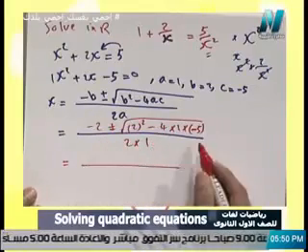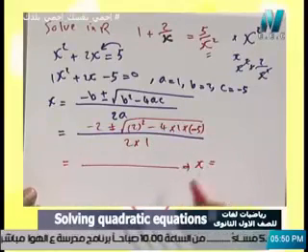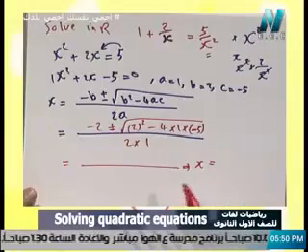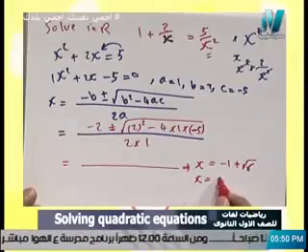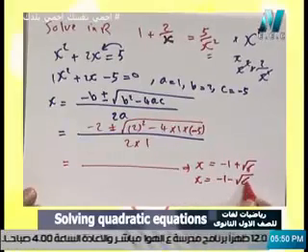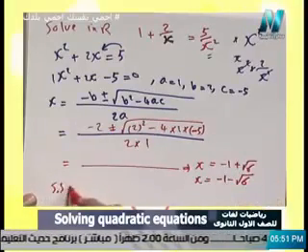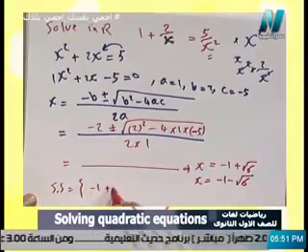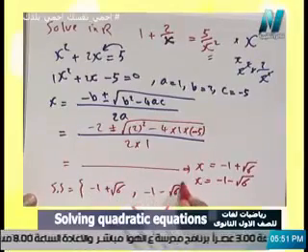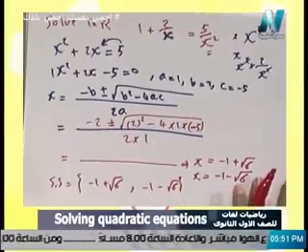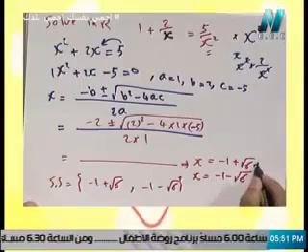So if we use a calculator, the first x will be negative 1 plus root 6, and the other x will be negative 1 minus root 6, and notice that they are conjugate. So we can write the solution set as negative 1 plus root 6 and negative 1 minus root 6, or we can put it in decimals, approximating to the nearest two decimals.